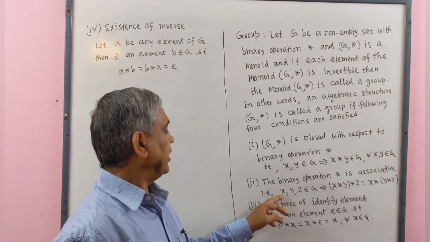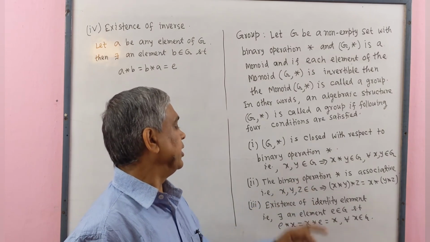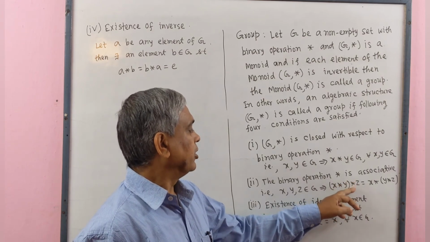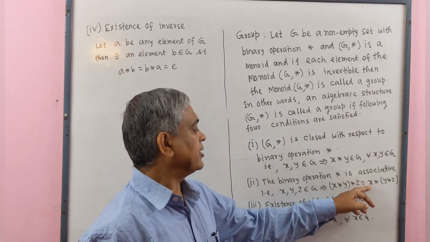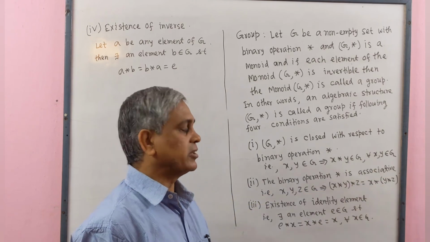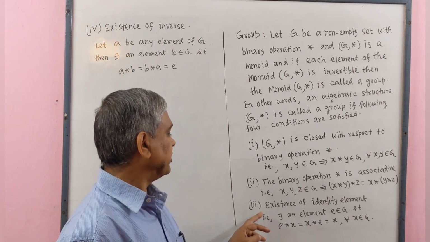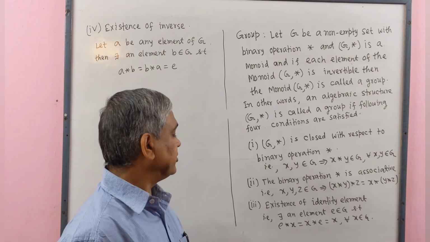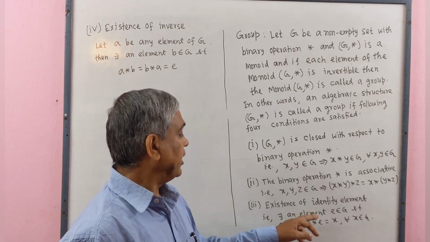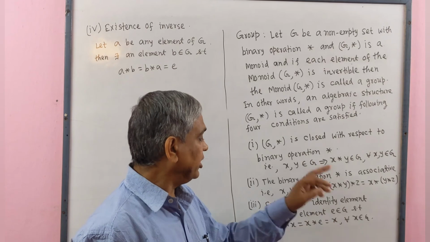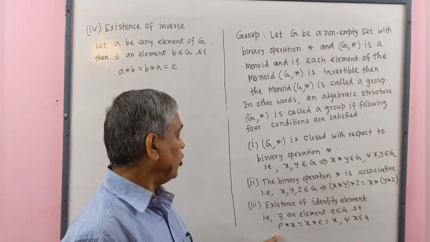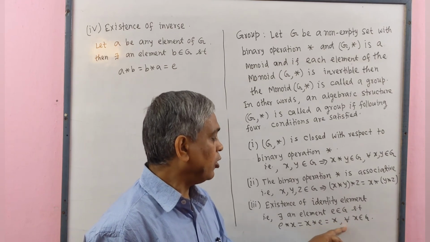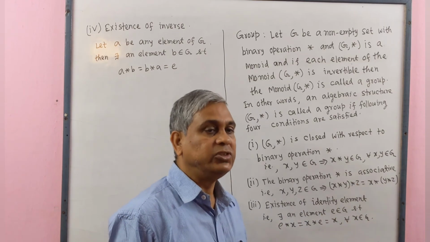That is, x, y, z belong to G implies that (x operation y) operation z equal to x operation (y operation z). Number three, existence of identity element. That is, there exists an element E belong to G such that E operation x equal to x operation E equal to x for all x belong to G.